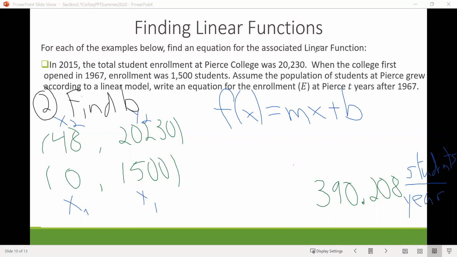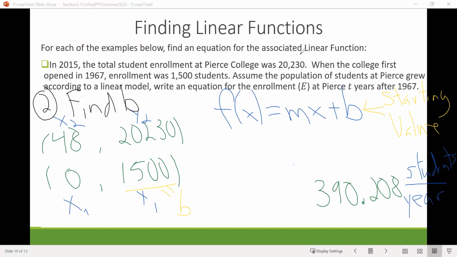However, in this case, I maintain that we already know what that value for b is. And what is it? It's 1,500. Because recall that another way to think about b, besides the vertical intercept, is the starting value. And that 1,500 gives us our starting value for the enrollment of students. So that could be our value for b.